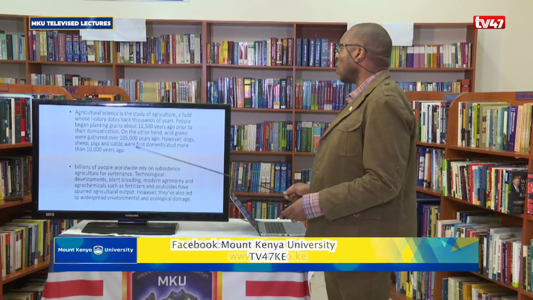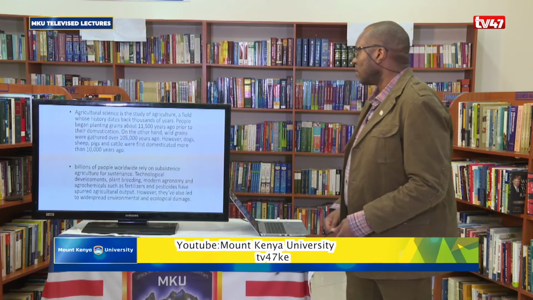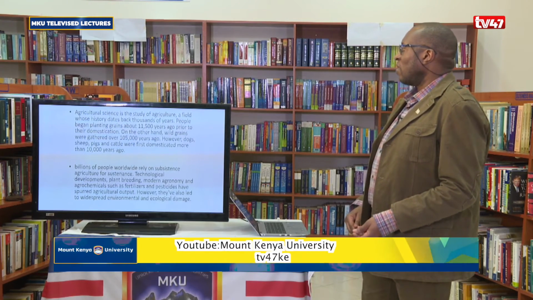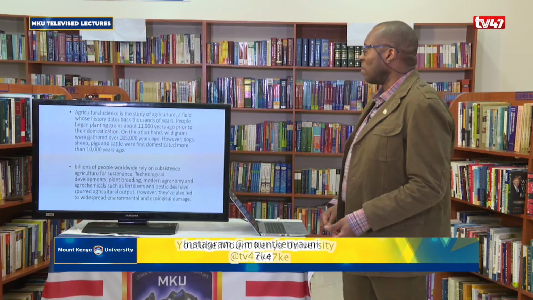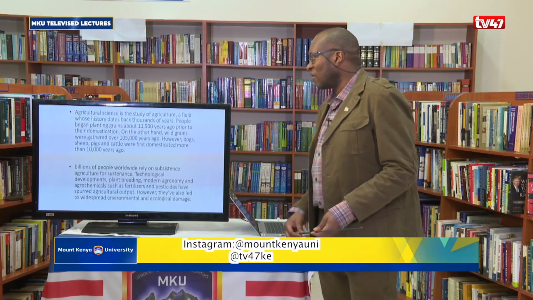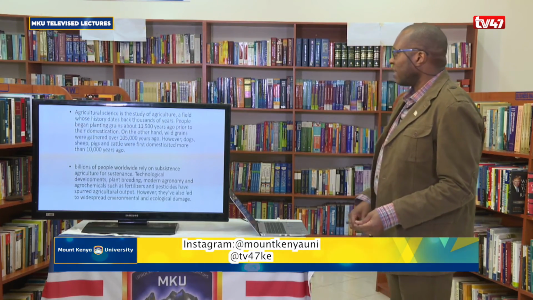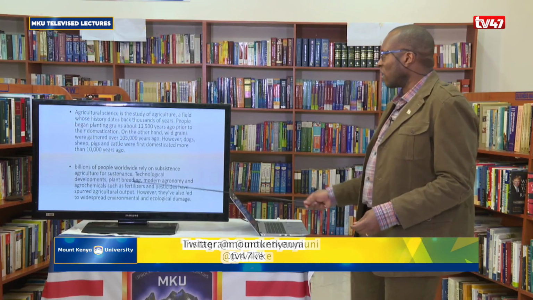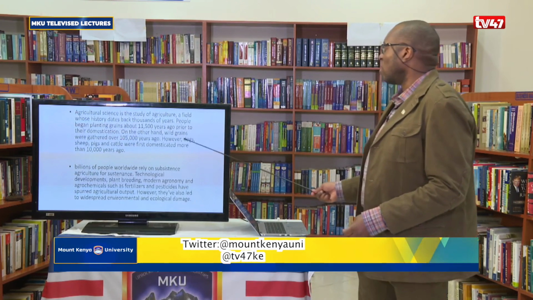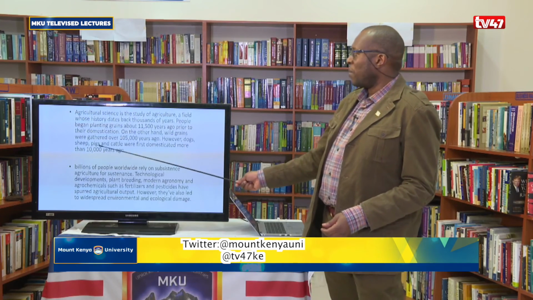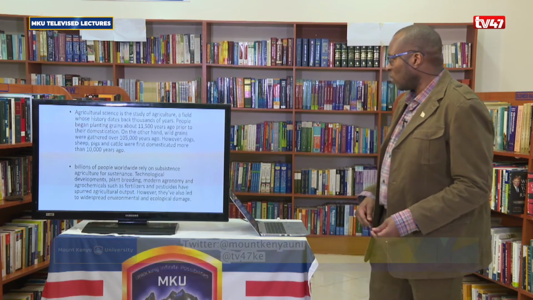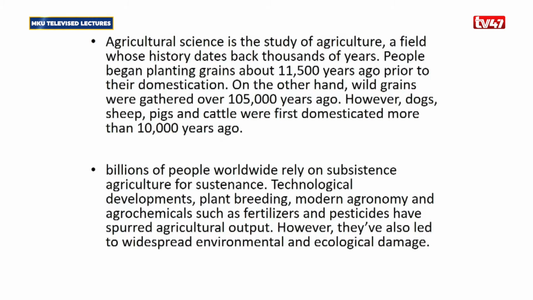So about 11,500 years ago, people began to plant grains, and farming of animals or keeping animals for agricultural use started around 10,000 years ago with dogs, sheep, pigs, and cattle, which were the first animals to be domesticated.